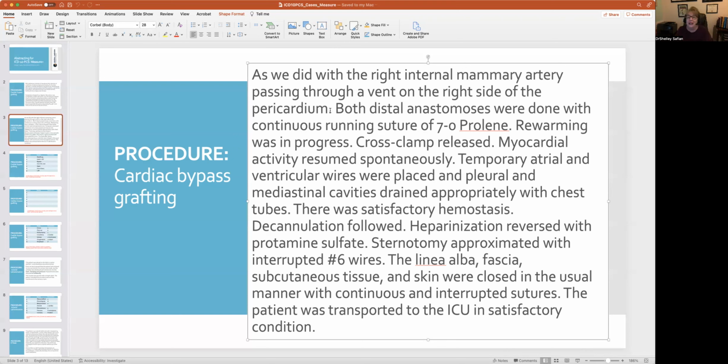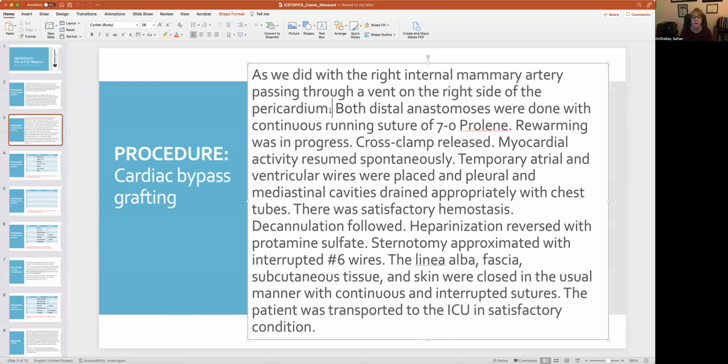That means that they have confirmed that whatever revision, whatever adjustment, whatever cutting and sewing they did, the blood is running through and there are no leaks. That means everything has been replugged back in clearly, carefully, and it's working. Myocardial activity resumed spontaneously. Excellent. The heart muscle is now back to telling the heart beat, beat, beat, beat, beat.